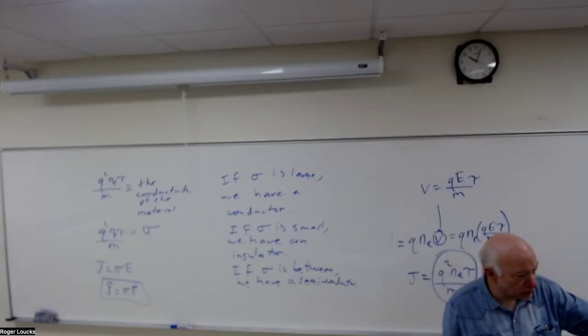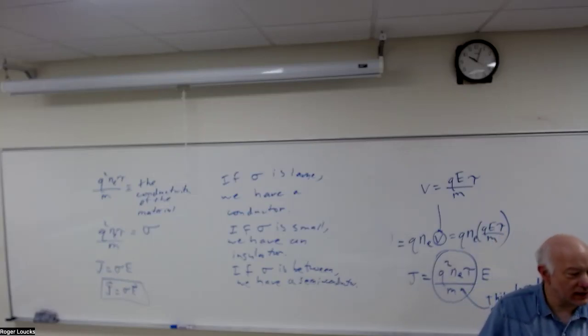In one direction, if you send the current in one direction, it can act like a metal. Send the current in another direction, it acts like an insulator. So you can get these utterly bizarre materials these days that just have ridiculous properties.